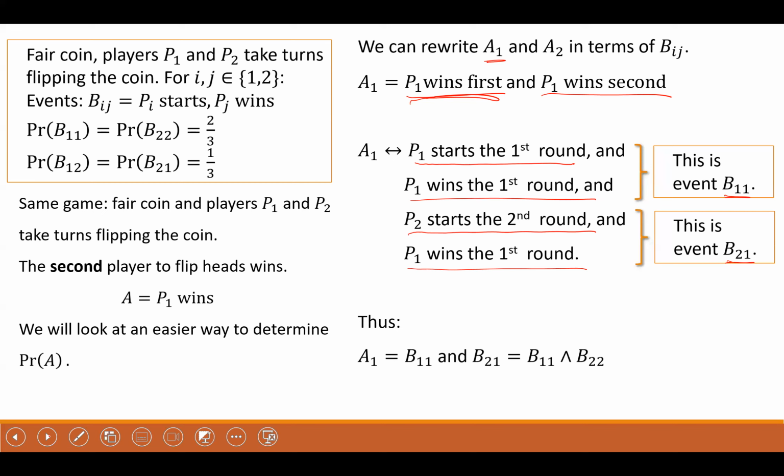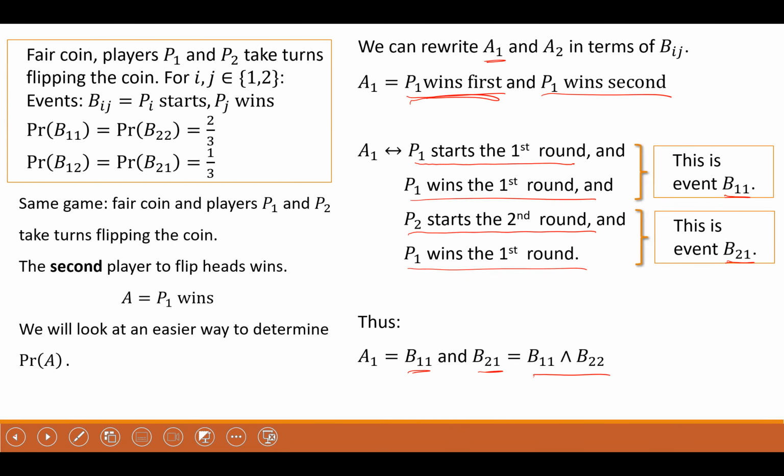So I can look at A1 as event B11 and B21 both happening, and I can express it using this logical AND. Okay, so what is the probability of B11 and B21 both happening? So I'm going to kind of informally give you a technique that nonetheless works, rather than getting into the law of total probability.